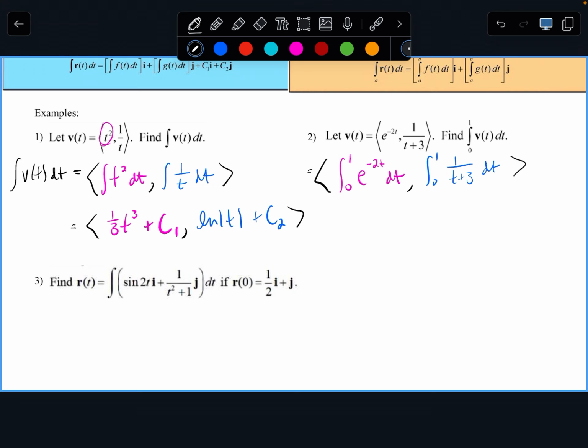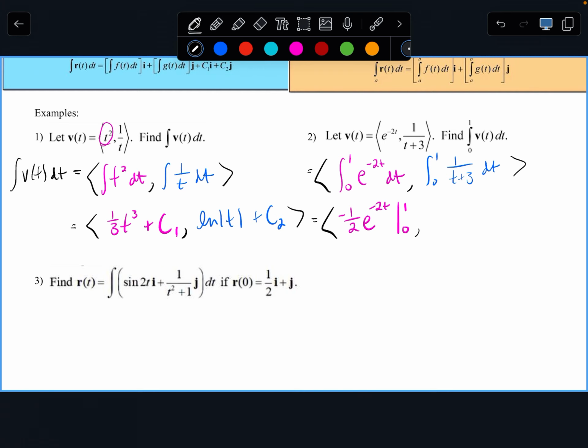So to integrate that, it's going to be negative a half e to the negative 2t. You know you're doing these right, because if you took the derivative of it, you would get that back. And we're not going to have the plus c on this one, because you're just doing normal integration with values. So you're going to plug in the 1, plug in the 0, and all that stuff.